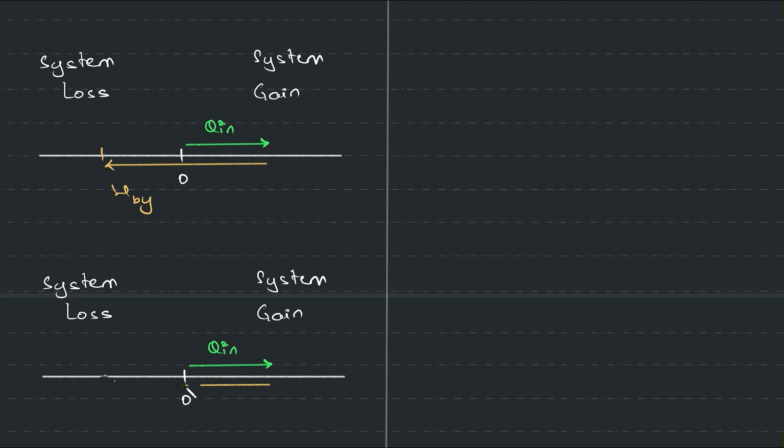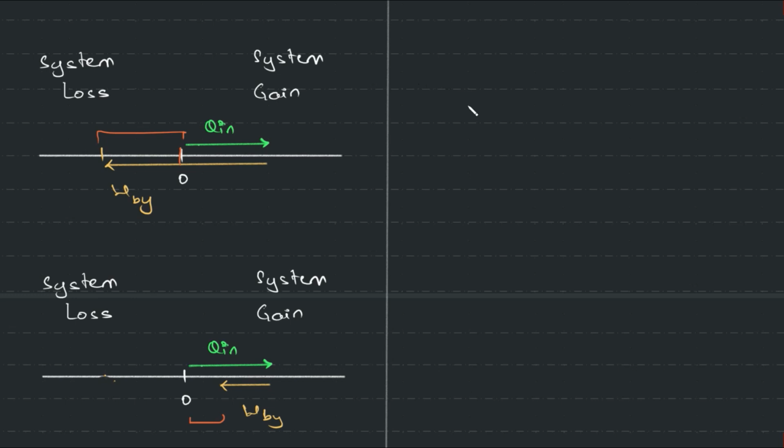In this case, the energy that the system is getting and the work done by the system are again not equal. The work done by the system is lesser than the energy gained by the system as heat coming into the system. So basically, the system will gain energy. In this case, the system will lose energy, right? So that's the representation. Left of 0, the system is losing energy. Right of 0, the system is gaining energy. If the work is done by the system, then it will move left. If the work is done on the system, it will move right.